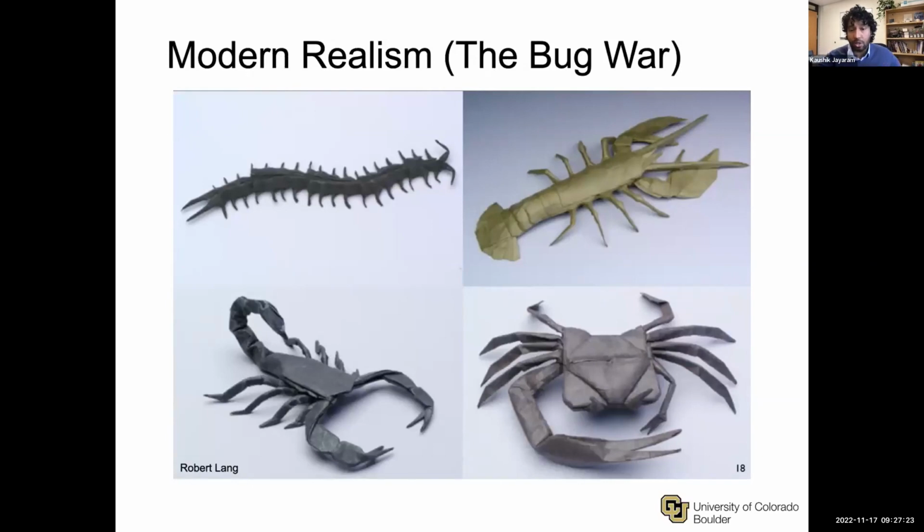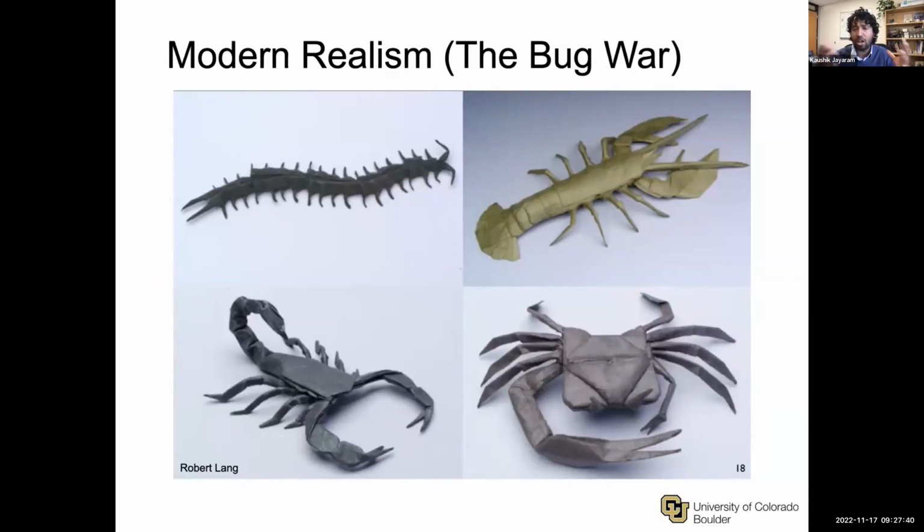and also, yeah. So this is some work from Robert Lang, who built a number of designs and has many books in the last 20 years, which are really helpful in terms of getting started with origami modeling.